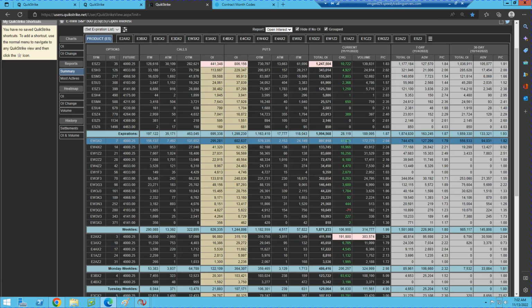option open interest, and also really interesting that there are far more out of the money puts sold at the moment than there are calls. So that shows you that the market is being supported at the time being.